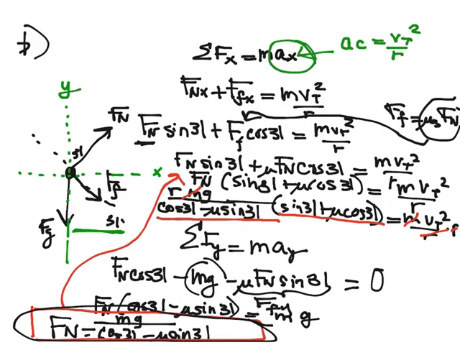We know that Fn sine 31 plus mu Fn cosine 31 is equal to mvt squared over r.